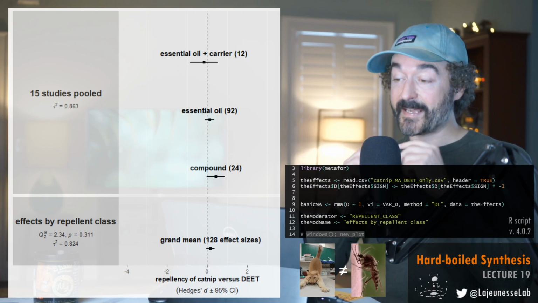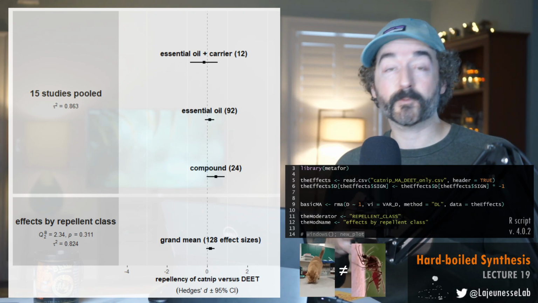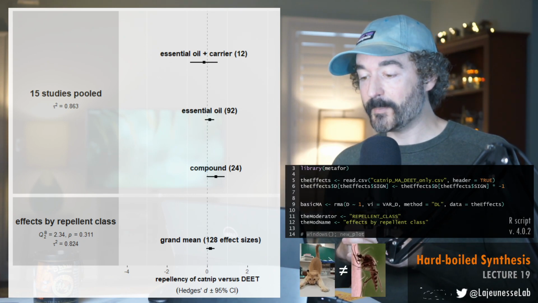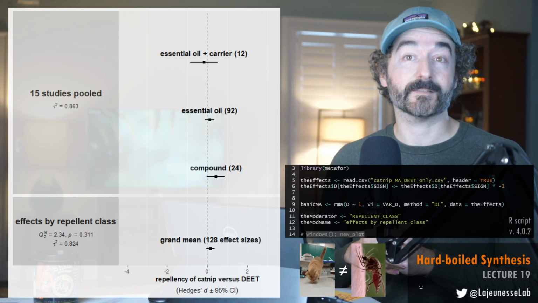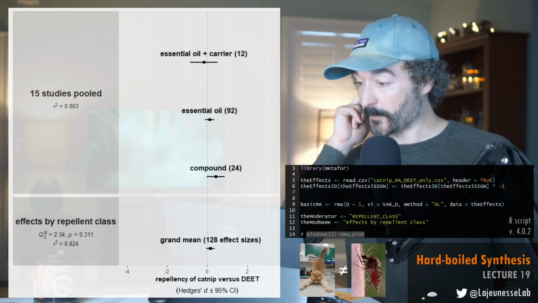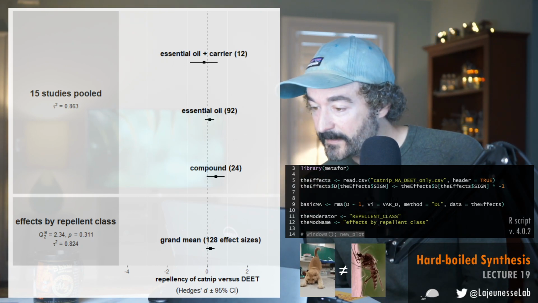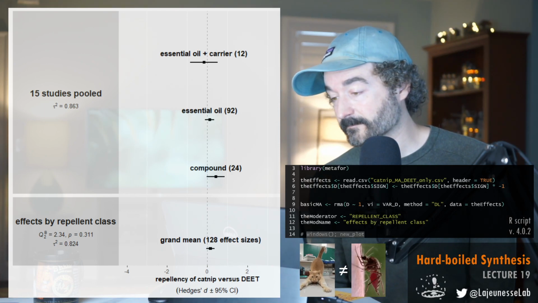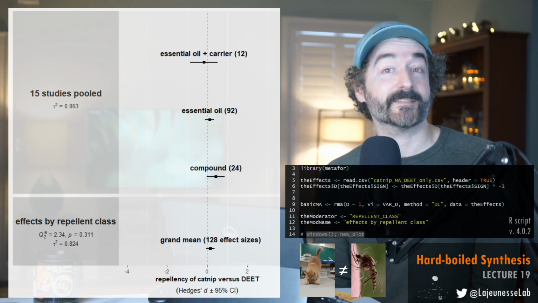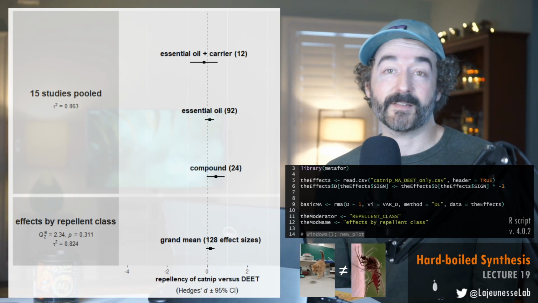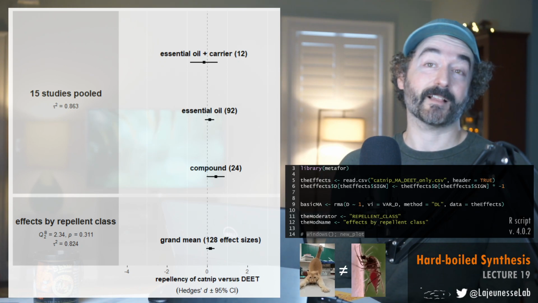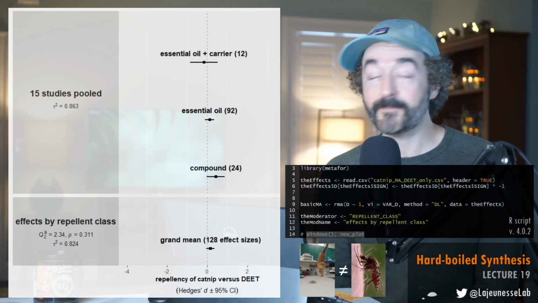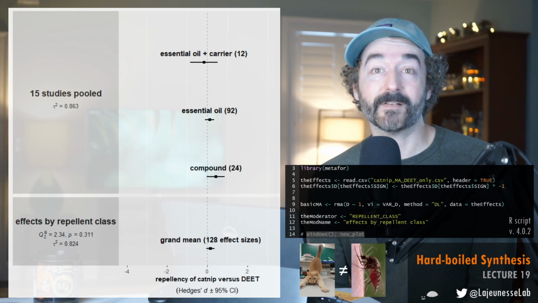Okay, so by grouping these things into similar categories, the QB test concludes that there's no difference between these classes of groups. So if you compare essential oils versus the compound, they show similar effects. But unfortunately, I know that this is an inappropriate thing to do, this subgrouping, because we found in the other analysis, the one that I just did, that the individuality of the compounds actually does have an impact.